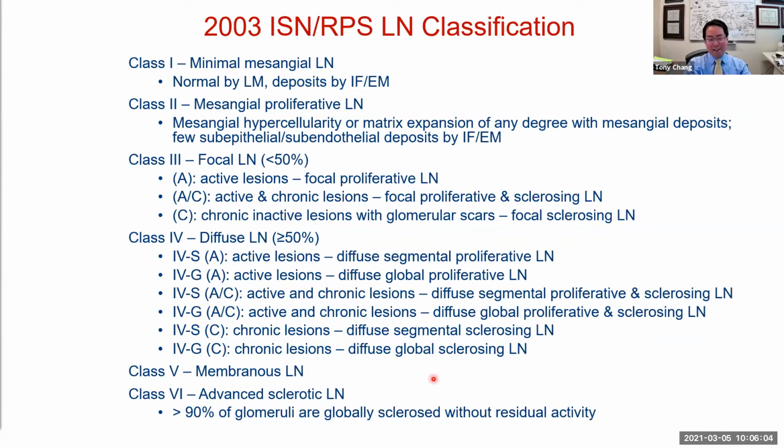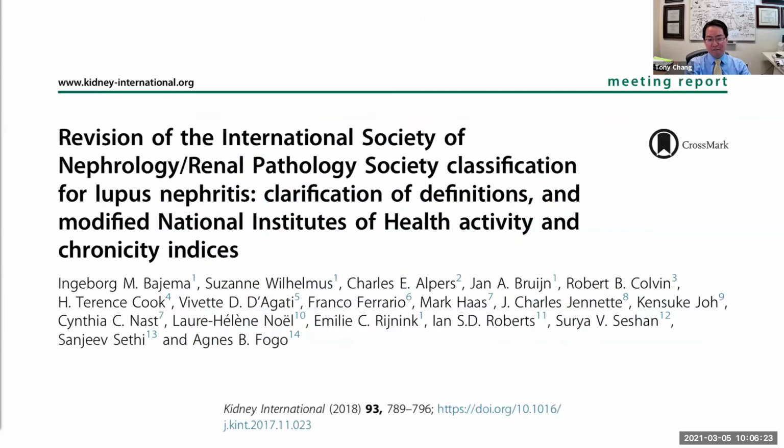And I guess the good news is that I think on a light microscopic level, you can't possibly dissect lupus nephritis any further. So until there's a molecular classification, this is probably the limit. Now, in 2018, there was the latest revision of this classification, published in Kidney International.